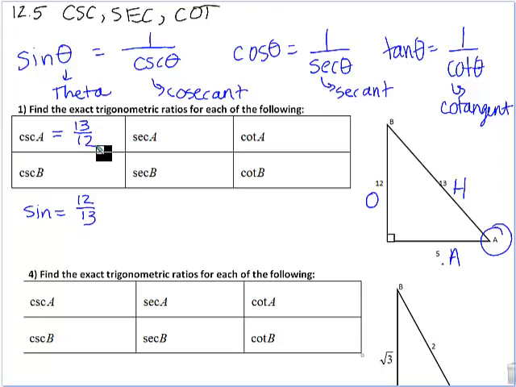Okay, secant is the reciprocal of cosine. So what would the secant of angle A be? Or what would the cosine of angle A be first? 5 over 13. Yep, 5 over 13. So what would the secant of A have to be then? 13 over 5.